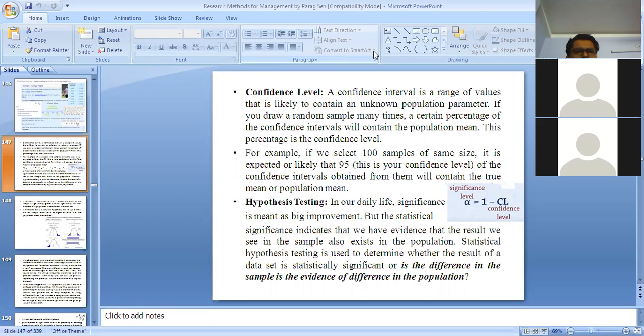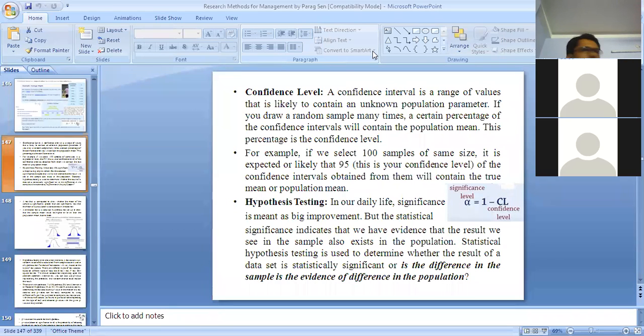Alternatively, you can also go through your p values. The p value is a very common technique. Depending upon your statistic, you can find the p value from a table and take your decision.